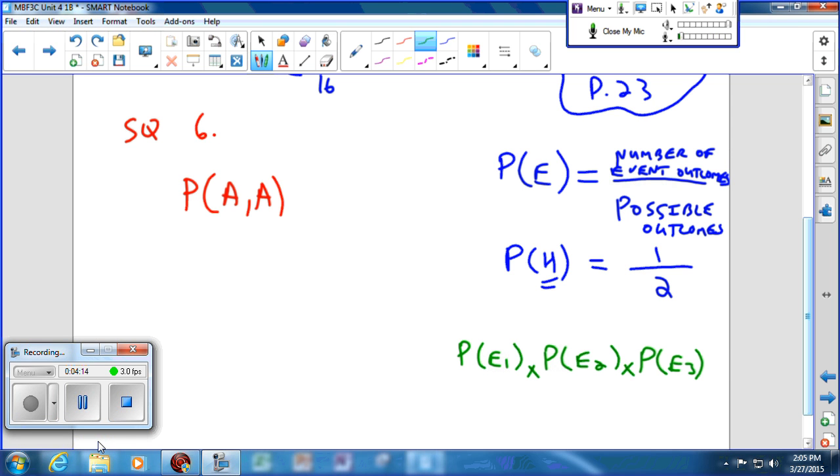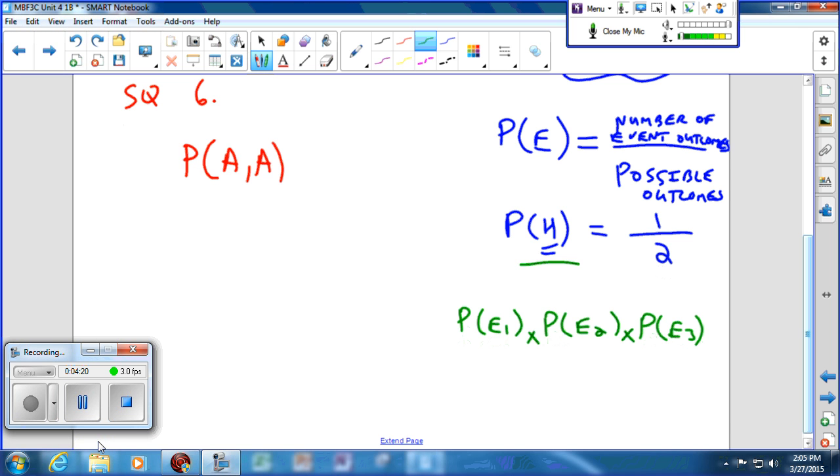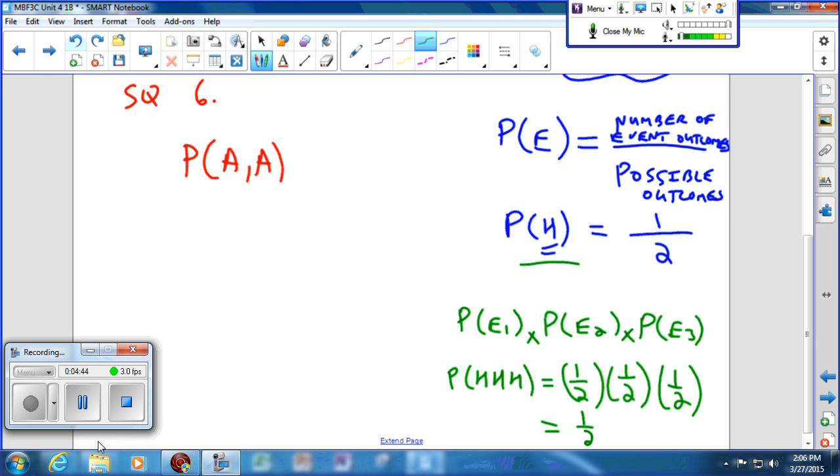In the case of repeated events, for example the probability of 3 heads in a row, it's just equal to the probability of one head multiplied by itself that number of times, which we have a little shorthand for.